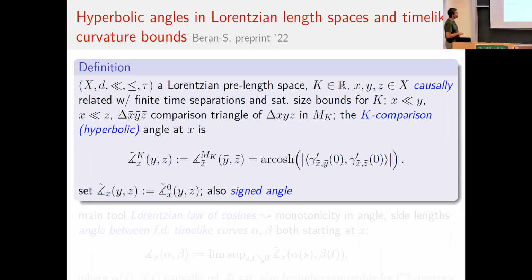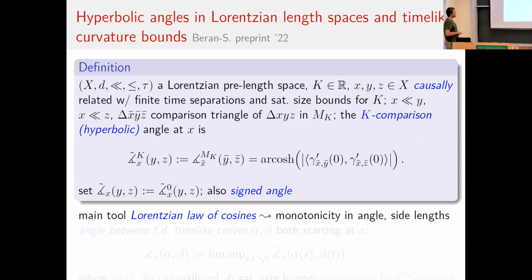And for that, it proved useful to introduce the signed angle, which makes it negative or positive depending on the time orientation and where the angle is. I will not use that now because this may be too technical, but let me just mention that using this signed angle, you can formulate all monotonicity conditions in terms of the signed angle, and this tells you that somehow this is the right quantity and not the unsigned one.